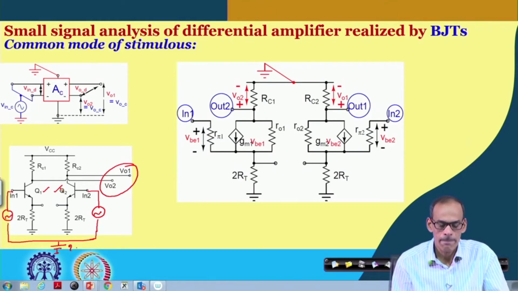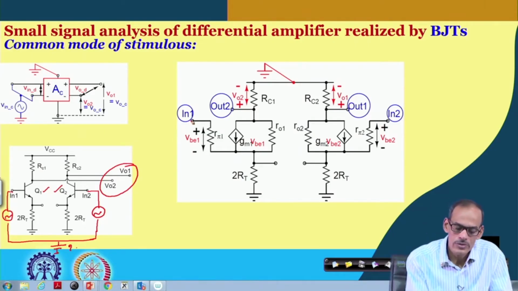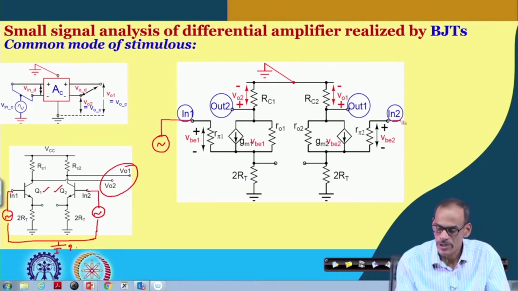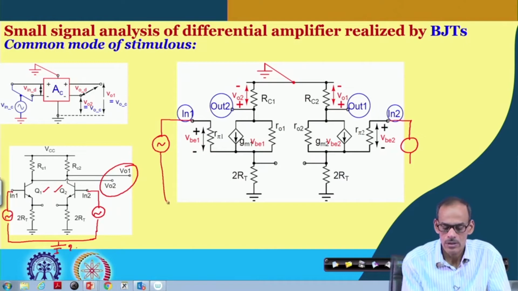Okay. So, before we go into the large signal analysis, I need to say one more thing, that so far we are talking about small signal one at a time, namely differential part and then the common mode part.